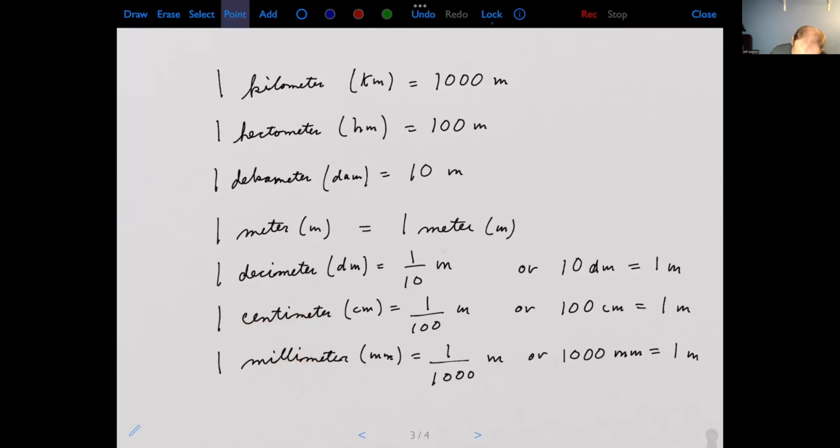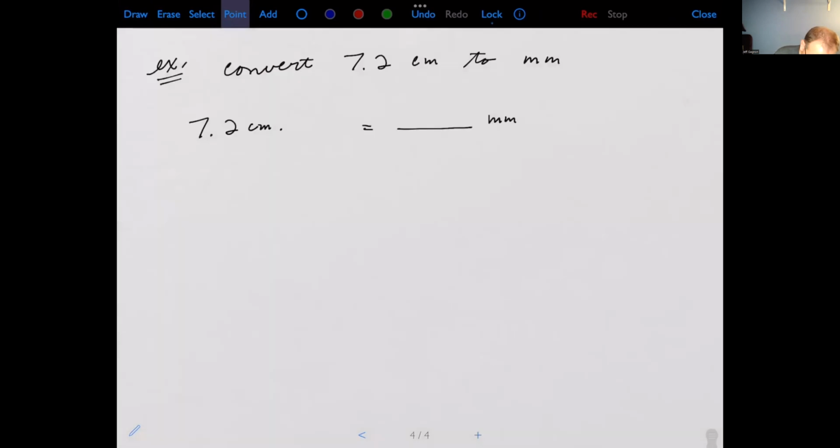So another way of saying that is I can say that there's 10 millimeters in 1 centimeter. If 1 centimeter is 10 times as large as a millimeter, then I could fit 10 millimeters in 1 centimeter. So that's my unit conversion factor.